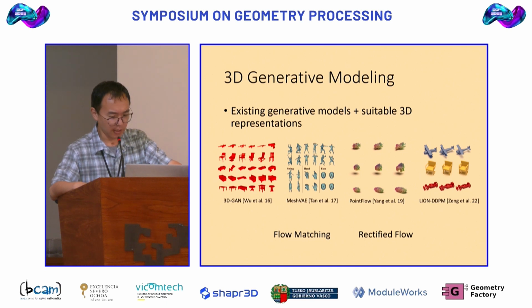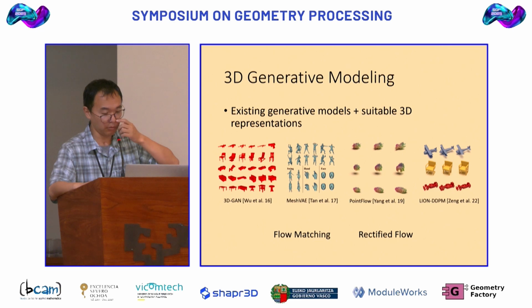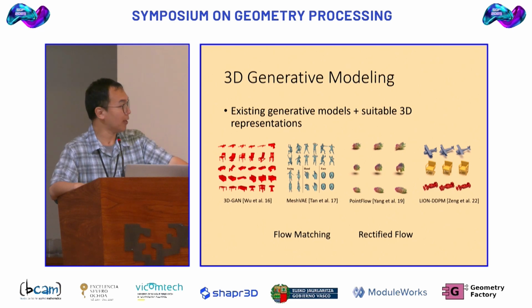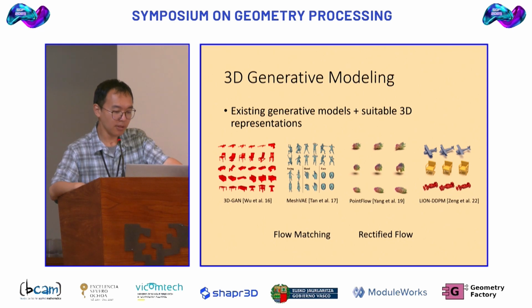In fact, for state-of-the-art generative models, there are many startup companies in China, a few, like Tripo, Hunyuan. Those models adopt rectified flow, which was developed by my colleague at UT. So you can continue to do this. But then the argument is, is this actually sufficient?